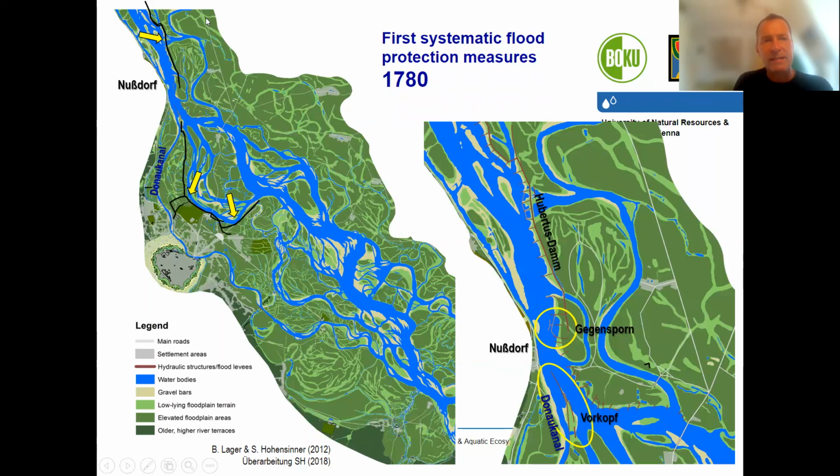This is a detail upstream of Vienna, close to the village of Nussdorf. You see how they made structures for deflecting the current, the flow, into the side arm to the city of Vienna, and so on.